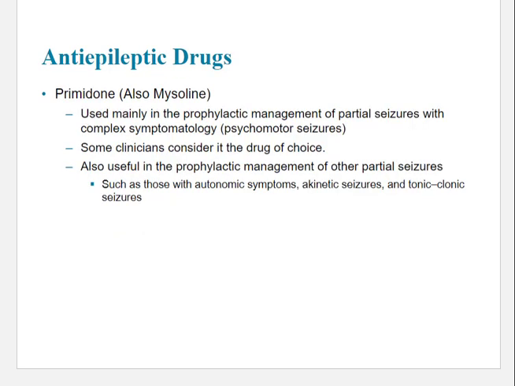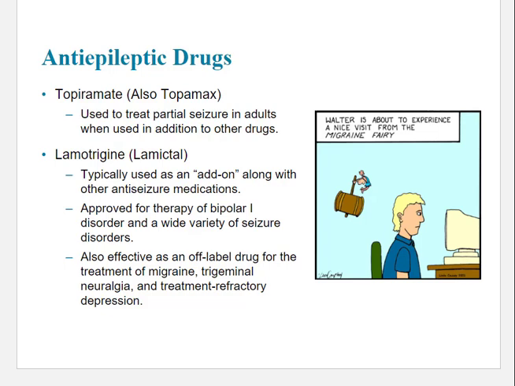Okay, I don't need you to spend too much time looking at it. Primidone, that's another one. That's a psychomotor seizure. That's what it's controlling. So if you want to put that in the comments by primidone. Topiramate or Topamax is its name. Again, that's not a very common one.